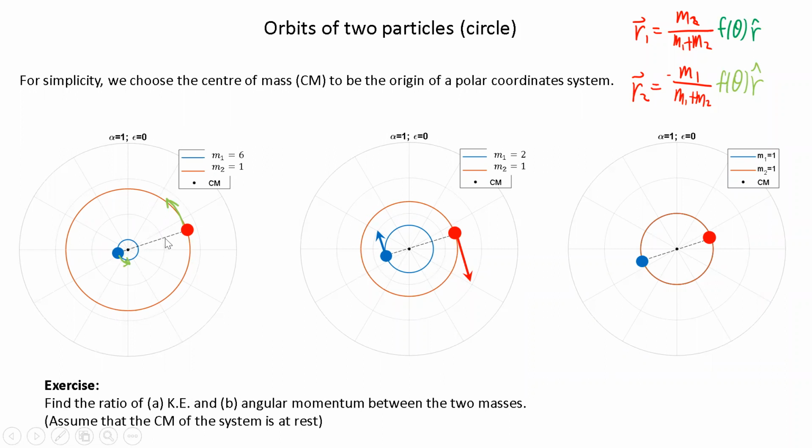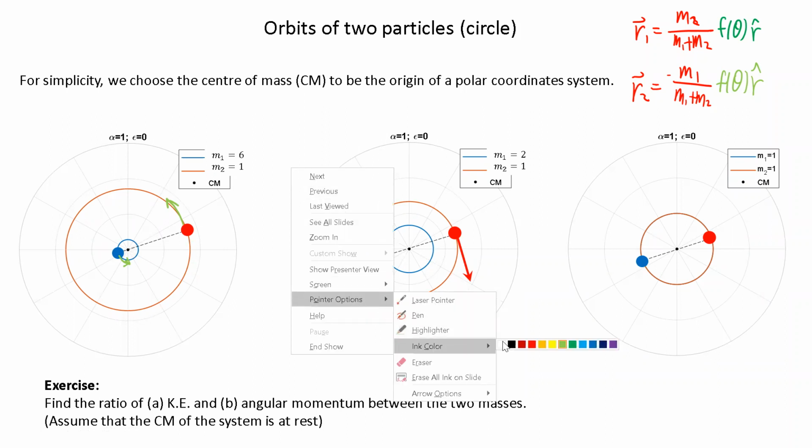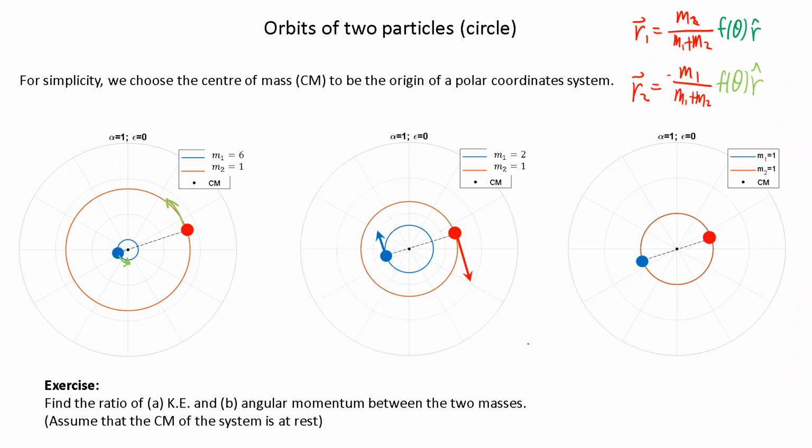It should be quite straightforward actually. First of all, all you need to know is the ratio between the two radii. Here is R1, here is R2.